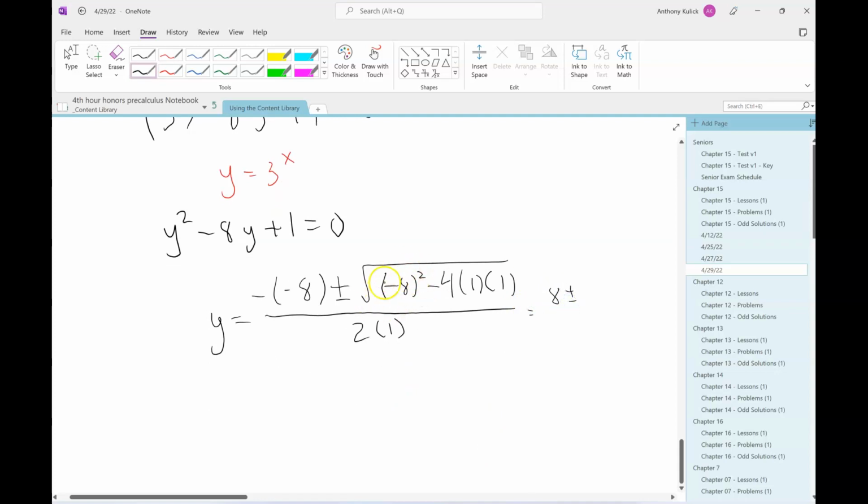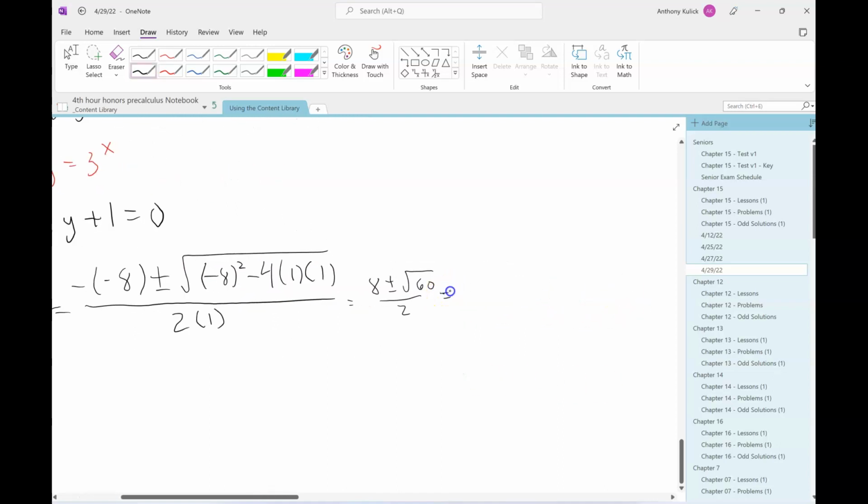So that's 64 minus 4, that's the square root of 60. 60 is 4 times 15. Why is that important? Simplification. Because the square root of 60 would then be the square root of 4, 2, times the square root of 15.